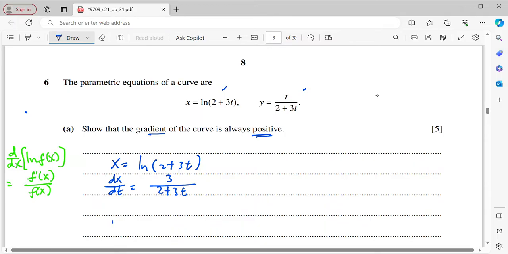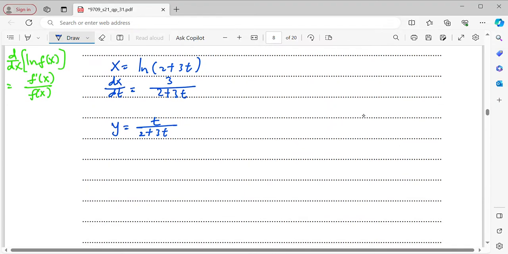So now for the y, it is t divided by 2 plus 3t. So here we have to apply the quotient rule. Let u equals t, then u prime is 1.